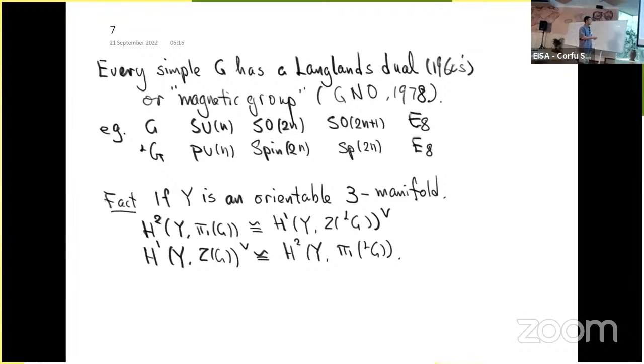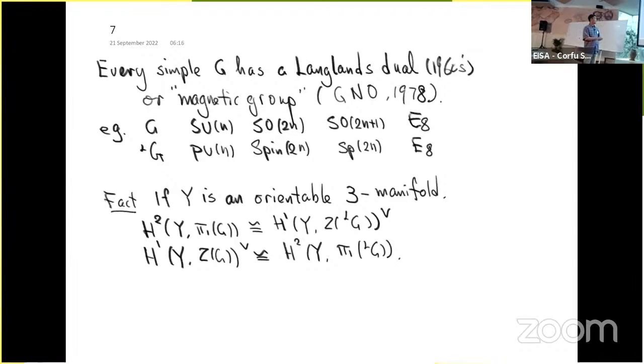Now we look at the left-hand side. This is precisely, when the gauge group is G, the set of discrete magnetic fluxes. And on the right-hand side, this is precisely, when the gauge group is LG, the set of discrete electric fluxes.